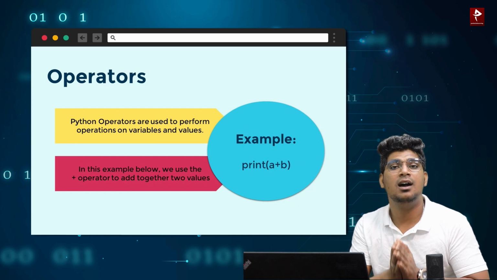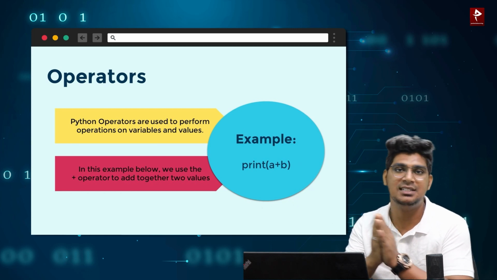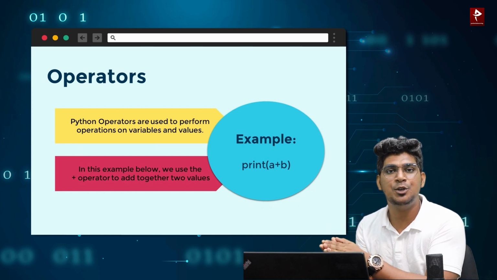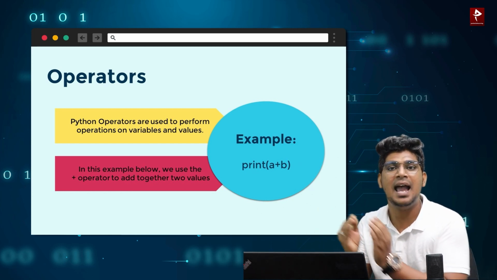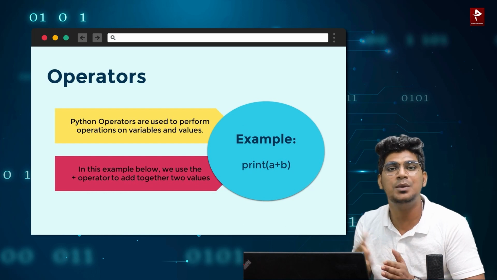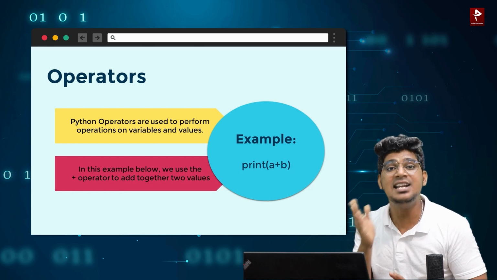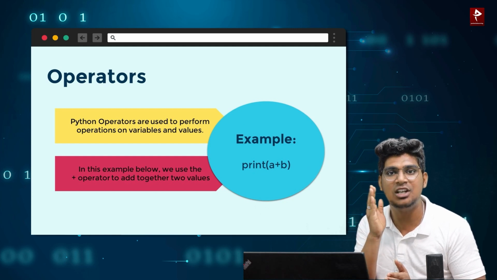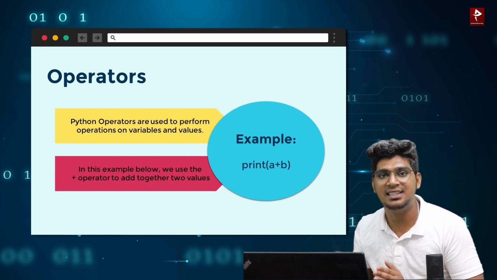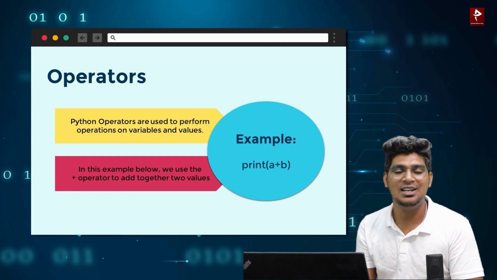For example, a is equal to 10 and b is equal to 10. What about the output? a plus b. Plus means add, that means 20. So the output will be 20. Depending on the operator's performance, it will give the outputs. This is called operators.